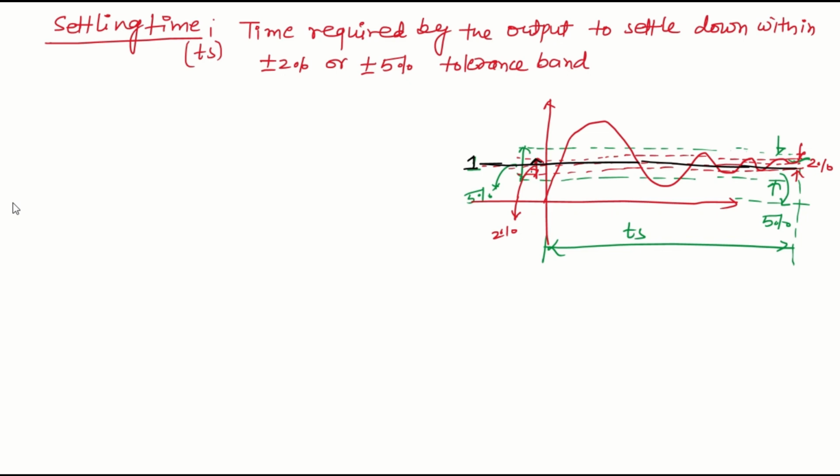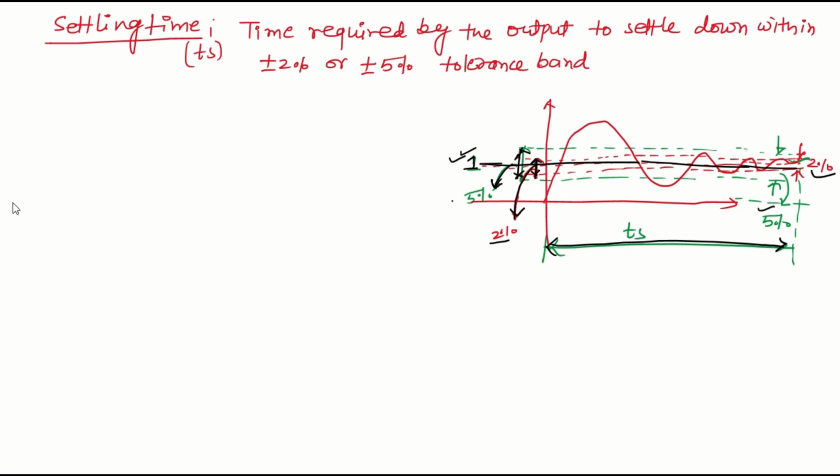Either we can have a plus minus 2% tolerance band, which is the values within plus minus 2% of this steady state value, or we can have a plus minus 5% tolerance band, which is the values within about plus minus 5% of this steady state value 1. The time in which the system attains either the 5% or the 2% tolerance band is the settling time. So, this is the settling time Ts.